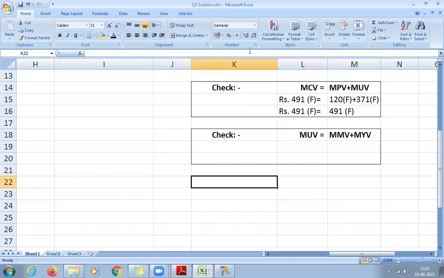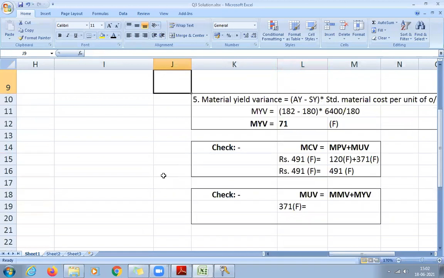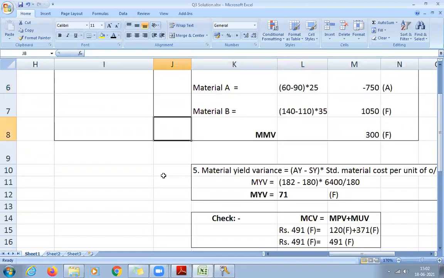And we have to check even the sub-variances of material usage variance. Material usage variance, how much did we get? 371 favorable. And material mix variance? 300 favorable.